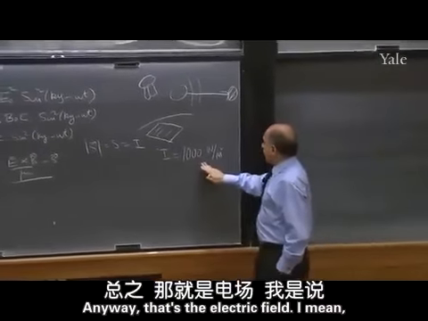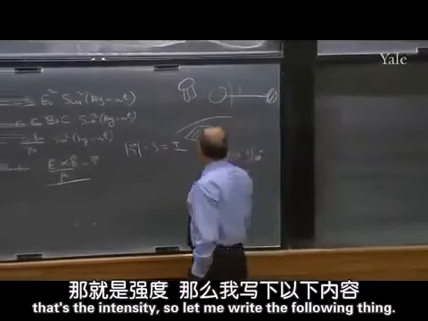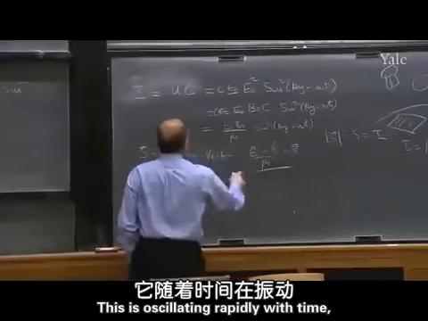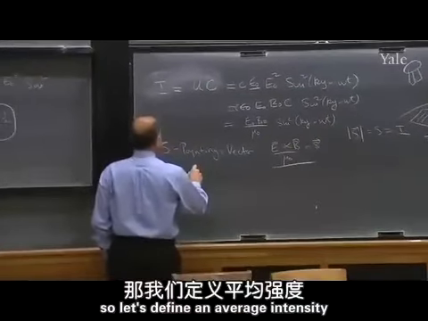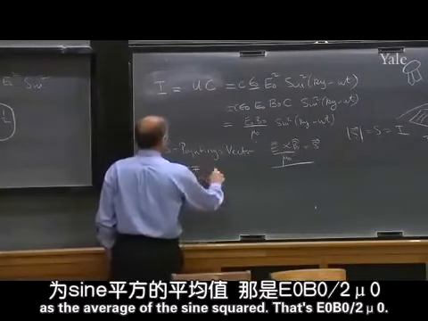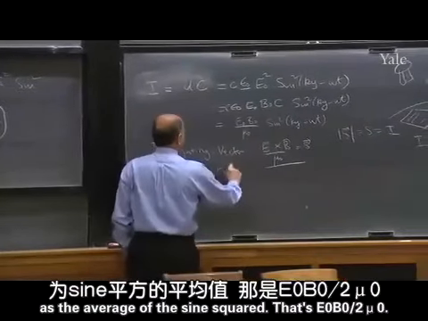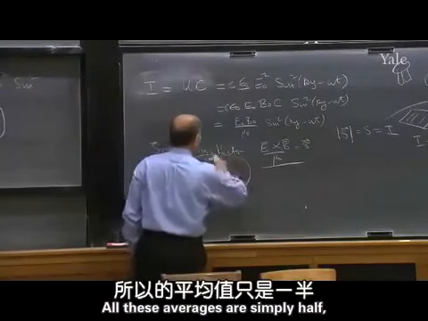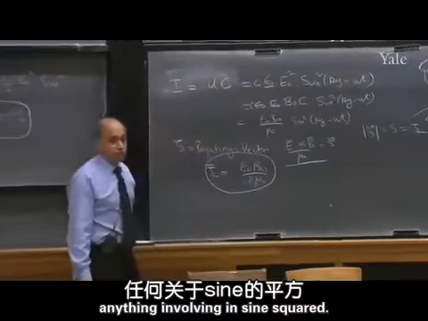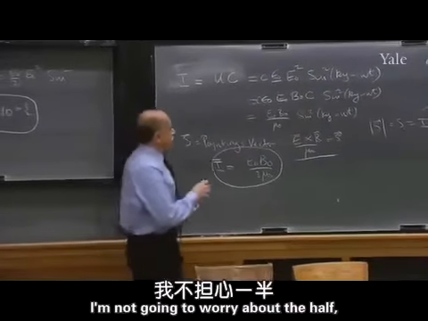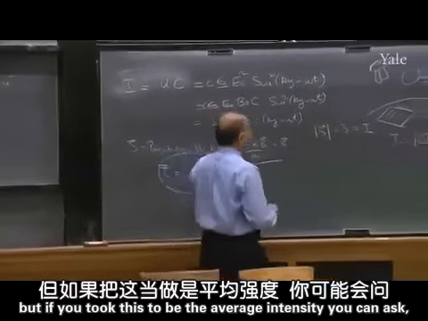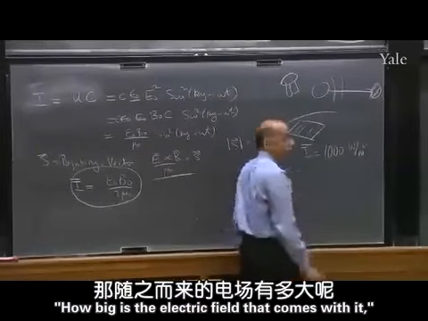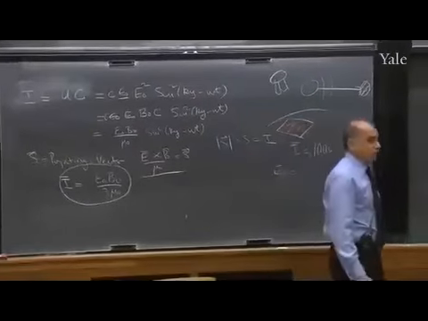Anyway, that's the electric field. That's the intensity. So let me write the following thing. This is oscillating rapidly with time, so let's define an average intensity as the average of the sine square. That's E0 B0 over 2 mu 0. So all these averages are simply half, anything involving sine square. Now, I'm not going to worry about the half, but if you took this to be the average intensity, you can ask, how big is the electric field that comes with it?